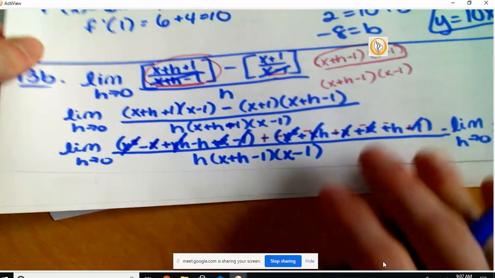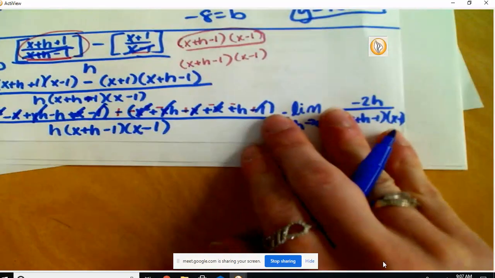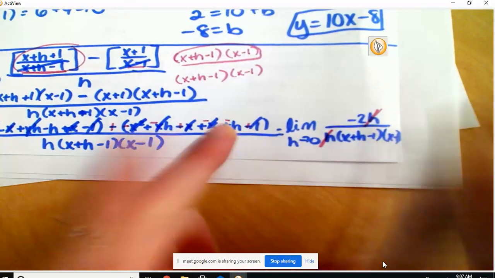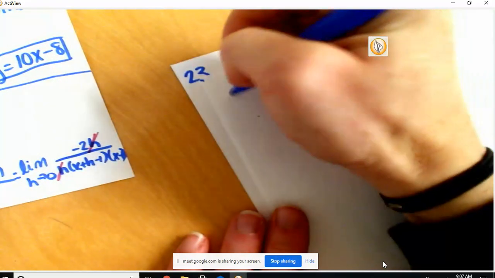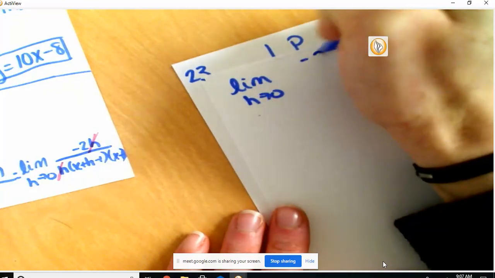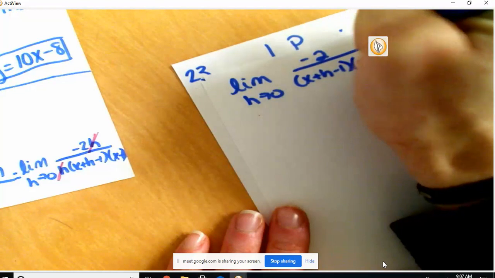So, I need a new sheet of paper. What's going to happen here? I can drop out an h, which leaves me with the limit as h approaches 0 of negative 2 over x plus h minus 1 times x minus 1.